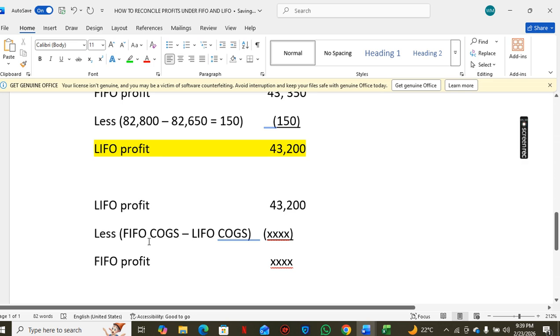Then we're subtracting the difference between the FIFO cost of goods sold and the LIFO cost of goods sold.